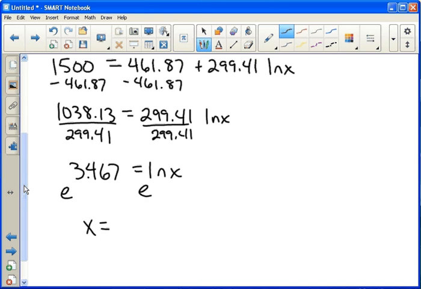Now keep in mind, we haven't actually answered their question, because their question was in what year there would be this many workers. Well, keep in mind, x was the number of years after 1997. So we need to add 1997 plus 32 to find out that it should be in the year 2029 that we would have that many workers in the environmental industry.